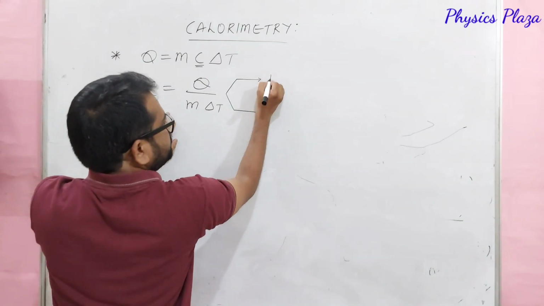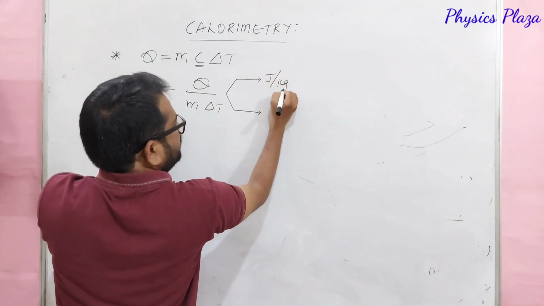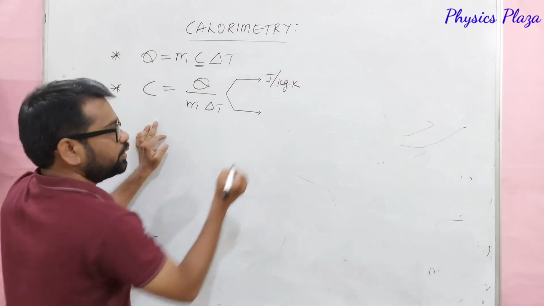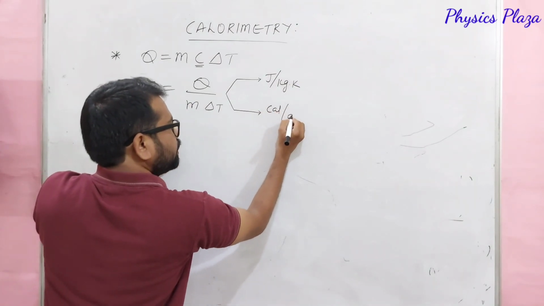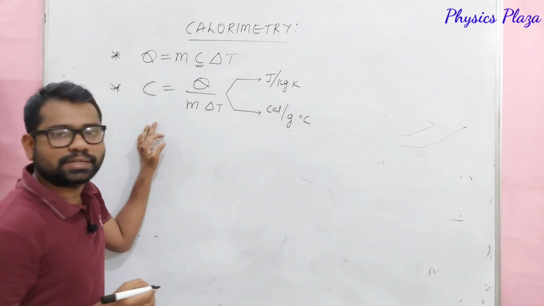In the SI system, it is joule per kg Kelvin, whereas in the CGS system, it is calorie per gram degree Celsius.